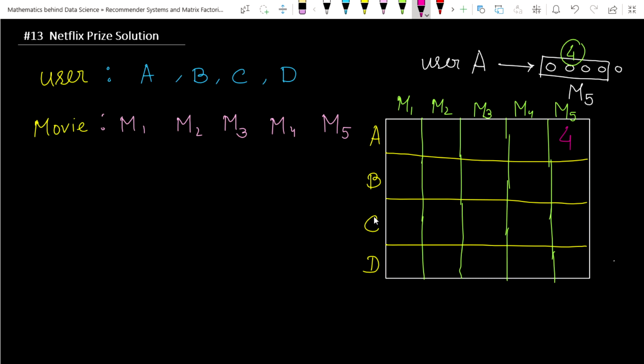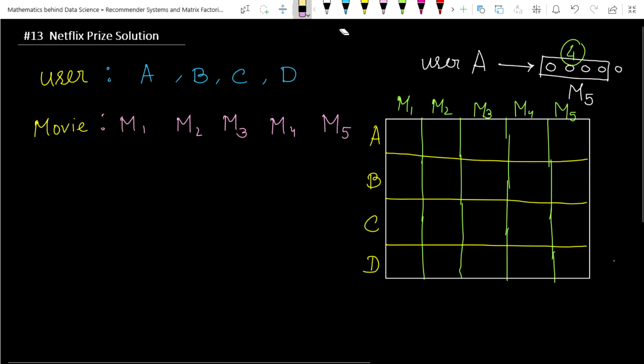So suppose on this matrix, H users give ratings for H movies. Okay, now we will extend this concept further. So first, let H users give the rating for H movies. If this happens, let's take an example.